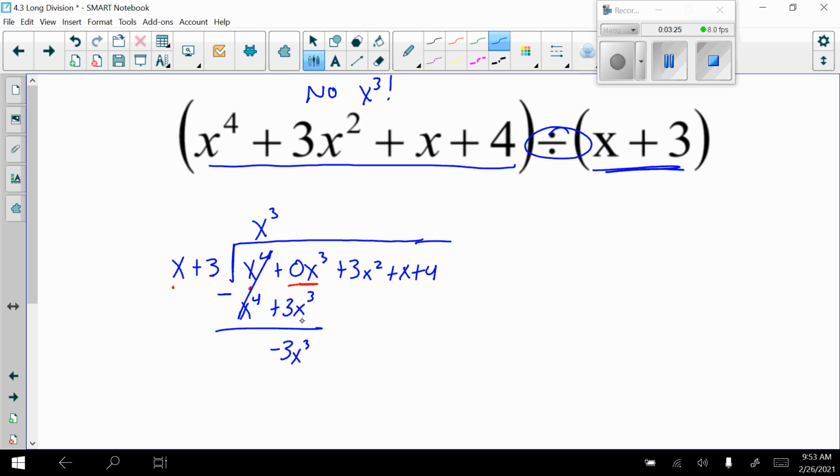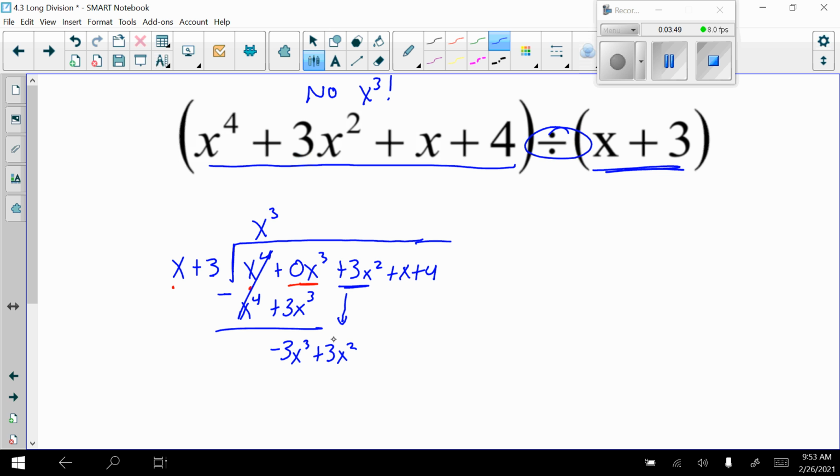So now that we've done that, we're going to take the next term in our dividend and bring that down, drop it down. So it's plus 3x squared. So now that I have multiplied by x cubed into both of these pieces, I've subtracted, I've brought down the next term.